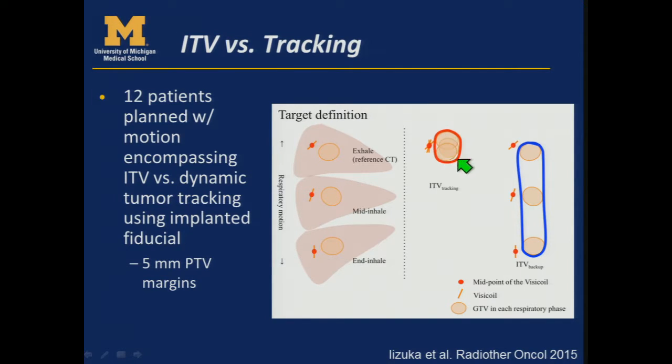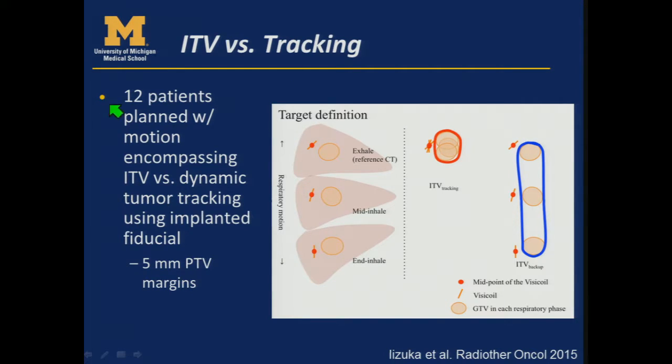So your tracking ITV is slightly larger than, say, your GTV that you would draw on a contrast scan or an MR, but compared to the full extent of motion with a full ITV, it's potentially a really large reduction in normal tissue dose and in the volume of the PTV that you're treating.